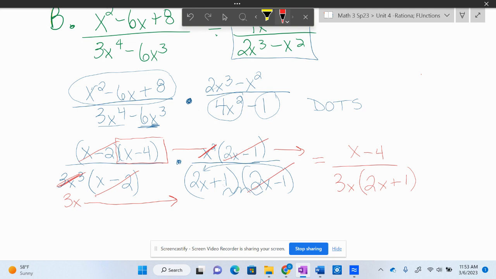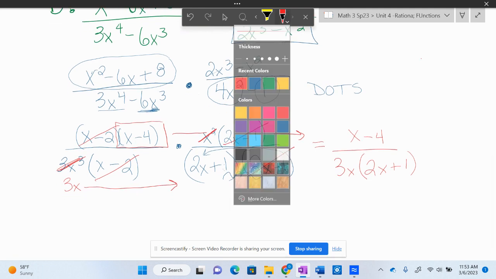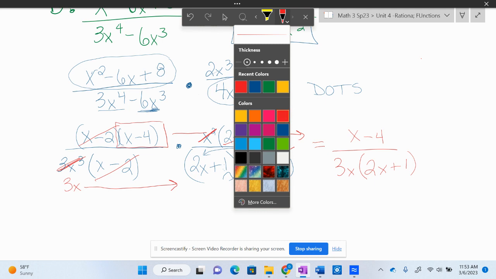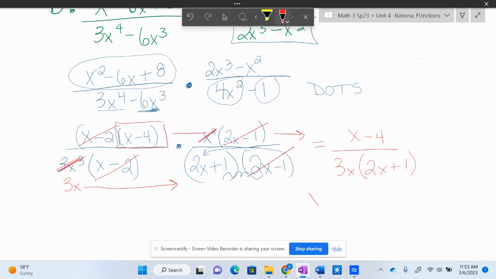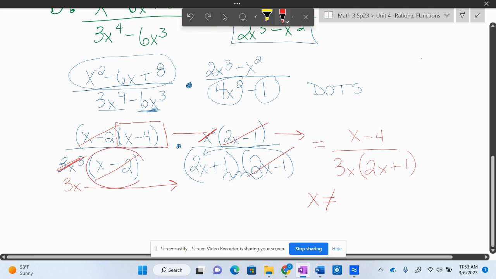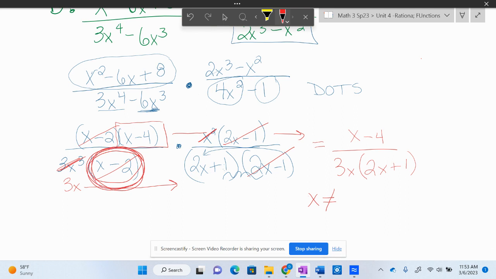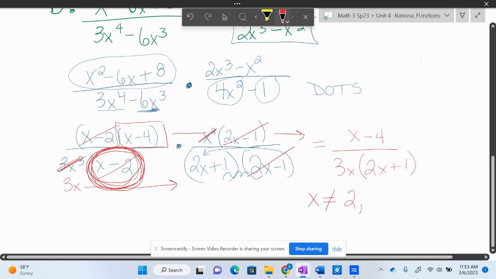Okay. So let's talk about excluded values. What are the values that x cannot be? X cannot equal, even though we crossed it off, what value here? What value is that? 2. X cannot be 2. Okay. What about these two? It's going to be a plus or minus.